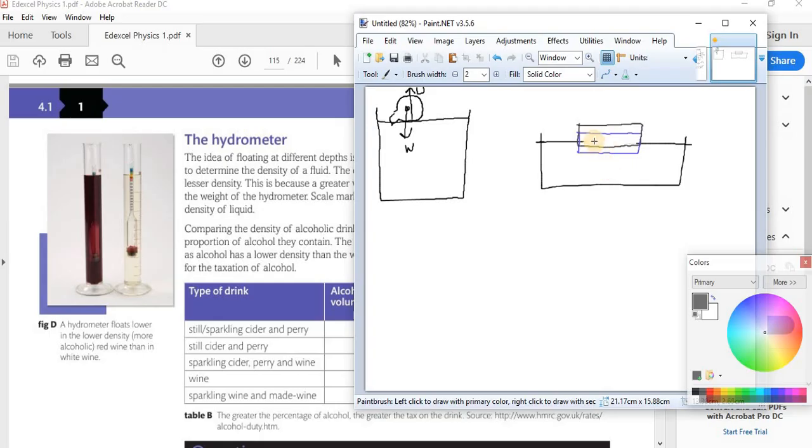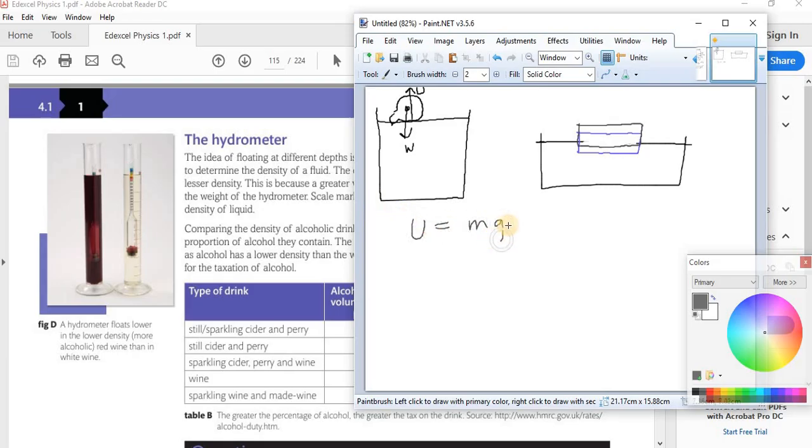Okay, so if something is to float, the weight should be equal to the upthrust. So when you make the density of the liquid greater and greater, the upthrust will be lesser, so it will have to be much higher up so that it displaces less fluid, so that the weight will equal the upthrust. Okay, again we can also write it in terms of the equation. Now we know upthrust is equal to the weight of fluid displaced.